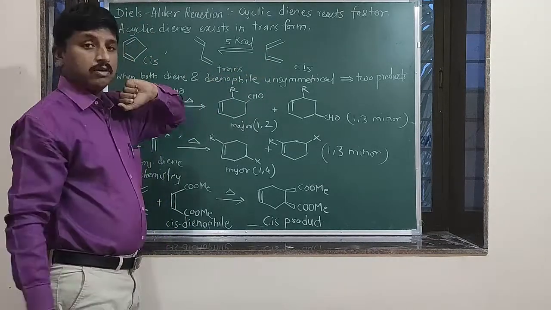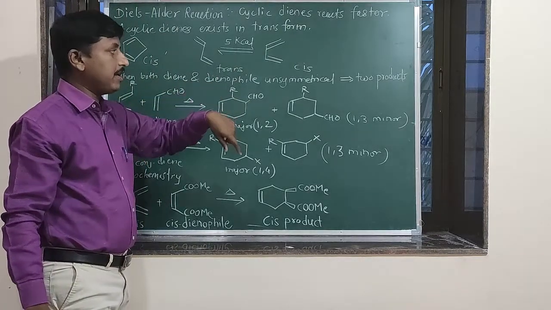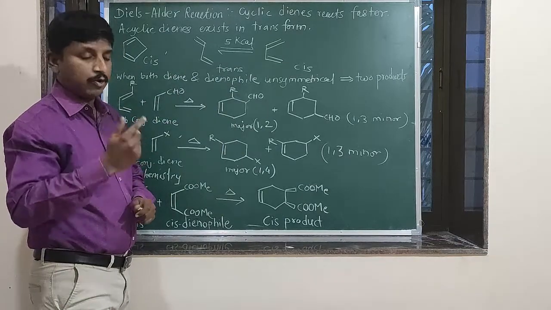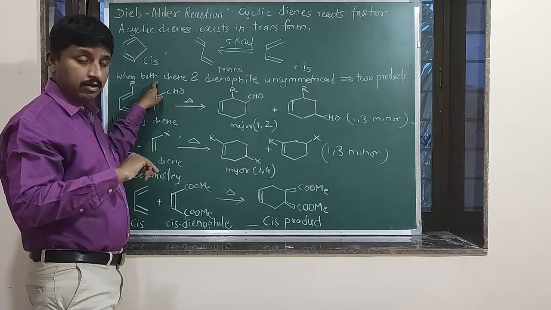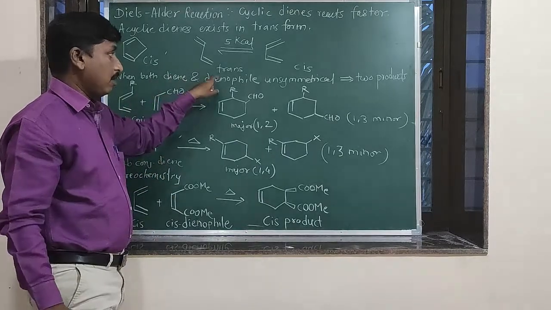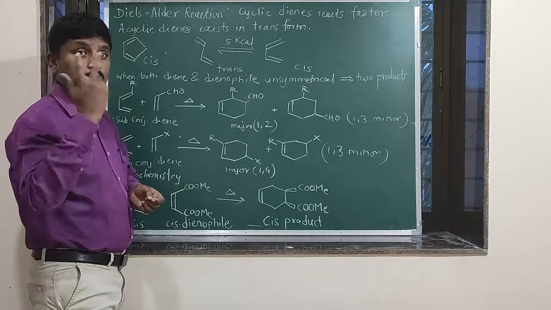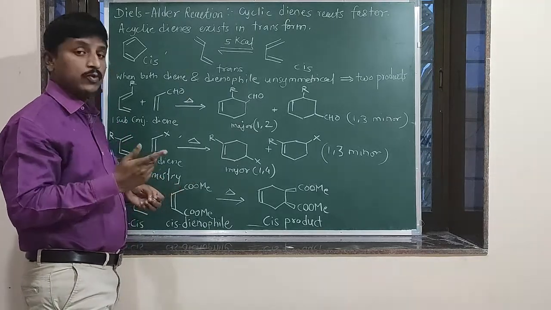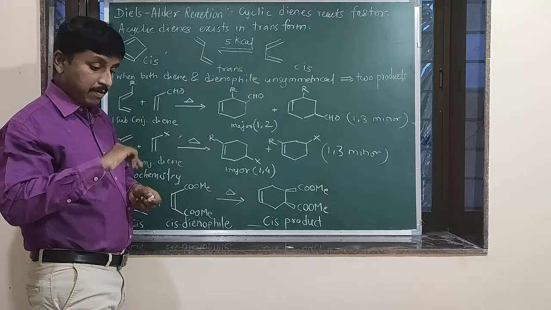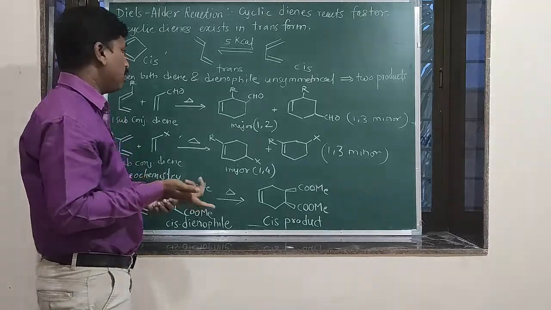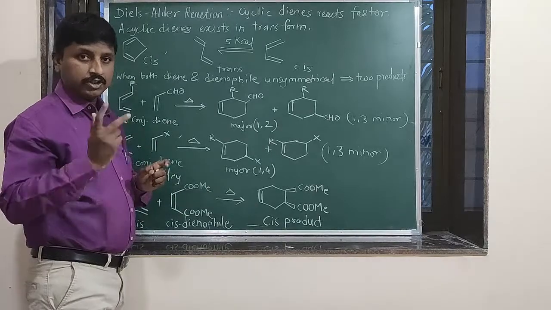Next, when both the diene and dienophile are unsymmetrical, then there is a possibility of two products. What I have said is, when both the diene and dienophile are unsymmetrical, then there is a possibility of two products, the 1,2 and 1,3 products, depending on the substituted conjugated diene.